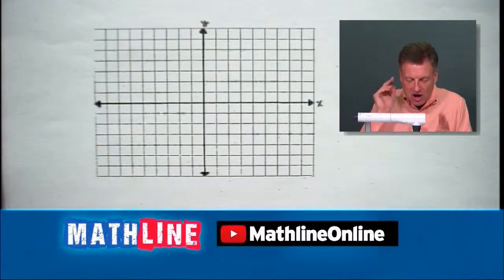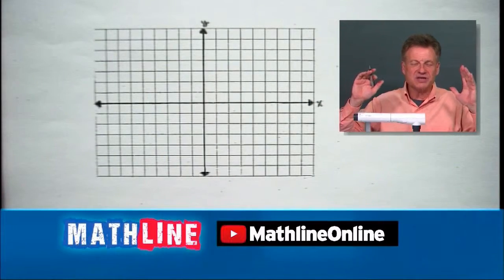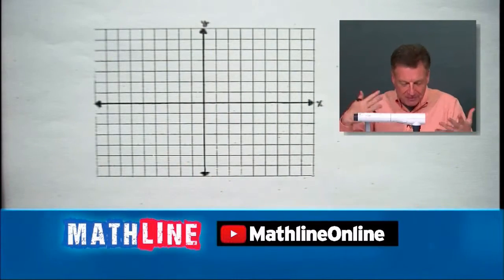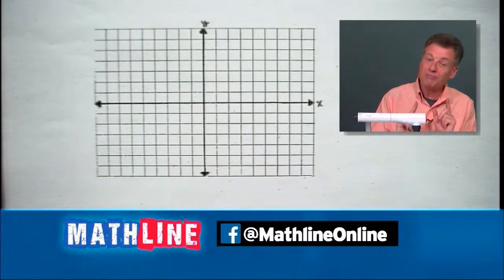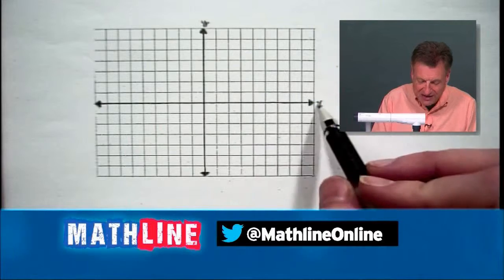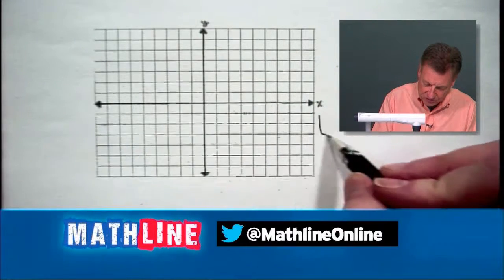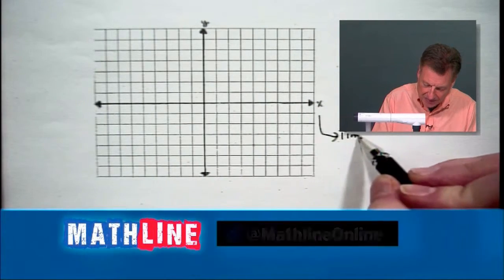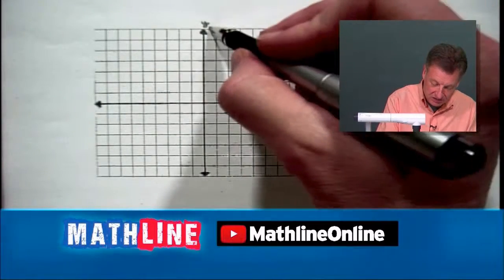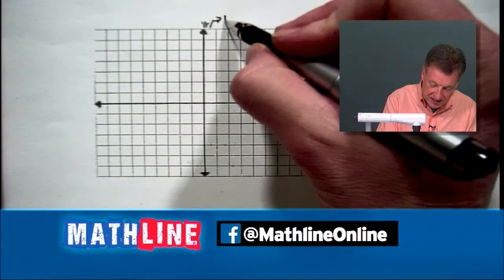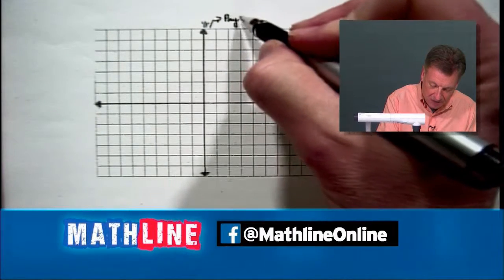First of all, this is one of those problems where a lot of times we see these x's and y's, we plot a bunch of points and say, well, those are worthless. What's that about? But in this case, it's going to be very important because what we're going to do, we're going to allow the x-axis to be, I'm going to put it out here, it's going to be our time. All right, it's going to be important to us. The y-axis up here is going to be how much money are we going to pay to park?